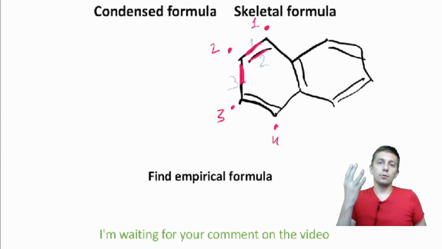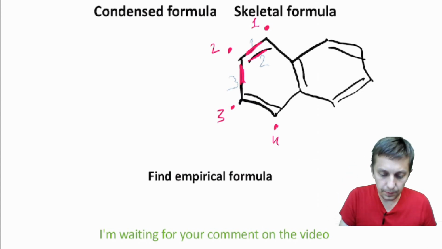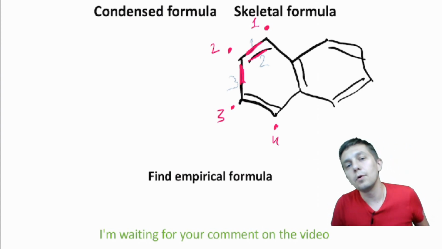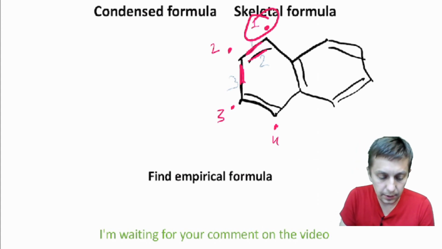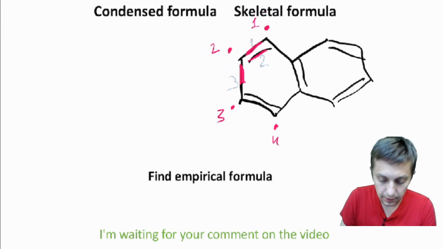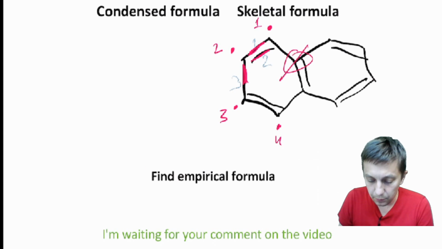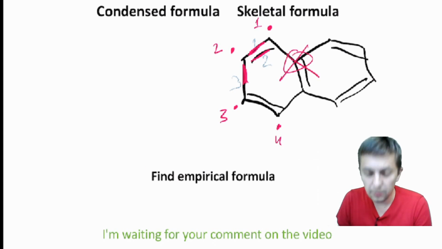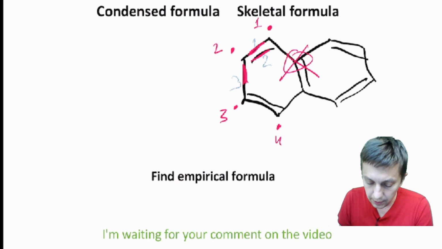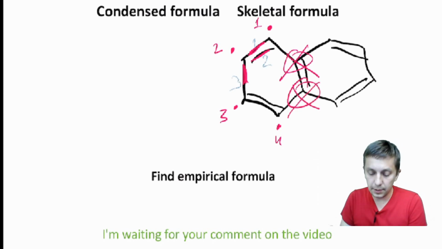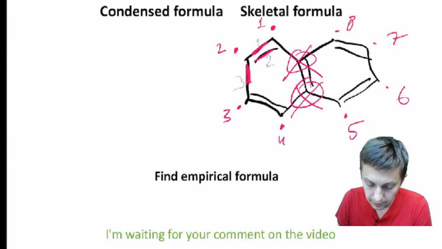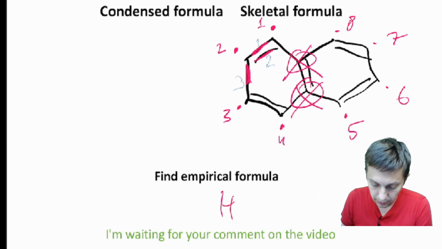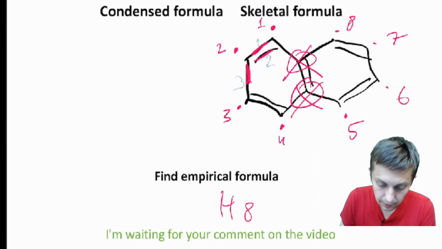So if each carbon forms 4 bonds, these molecules connect here with 1 hydrogen atom, here with 1. Here, for example, no hydrogen atoms, sorry. And here, no hydrogen atoms, and 5, 6, 7, 8. So H8.